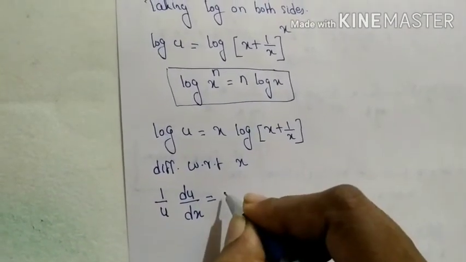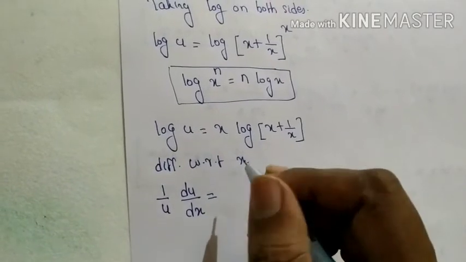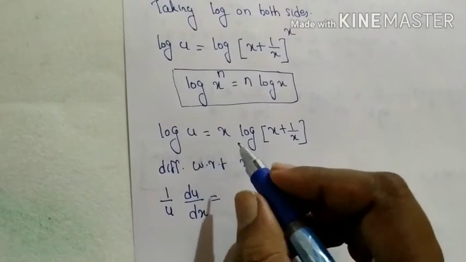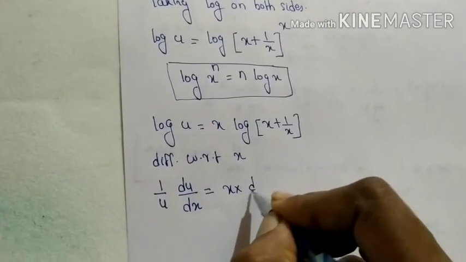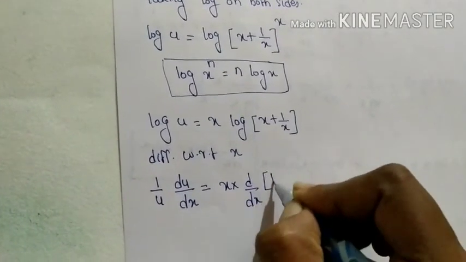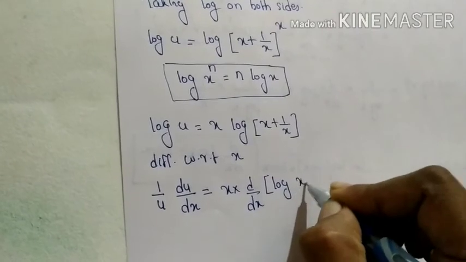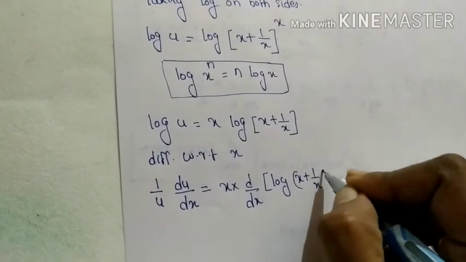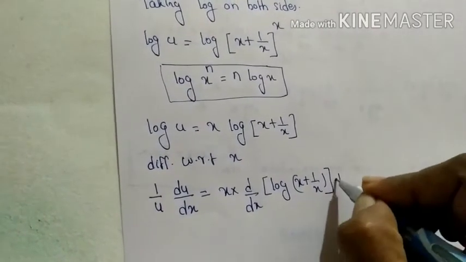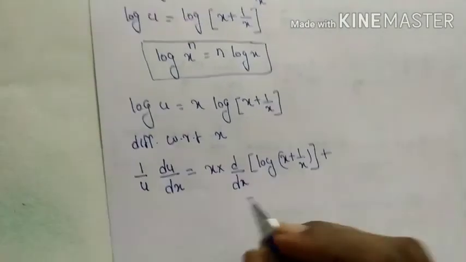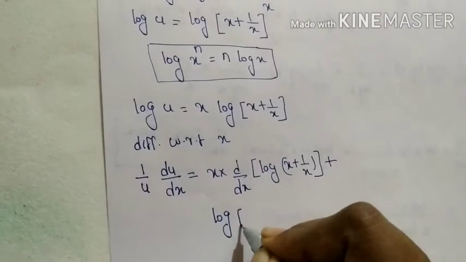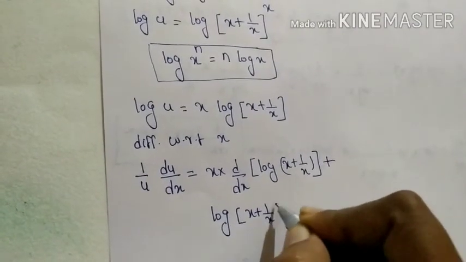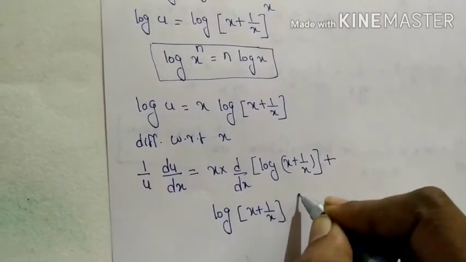So the derivative by the product rule is first function into derivative of second function, plus, okay, second function into derivative of first function.